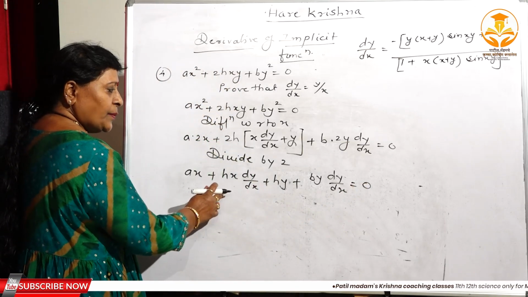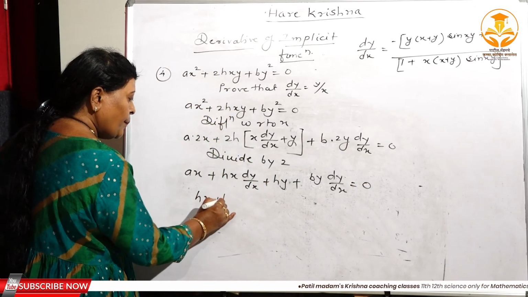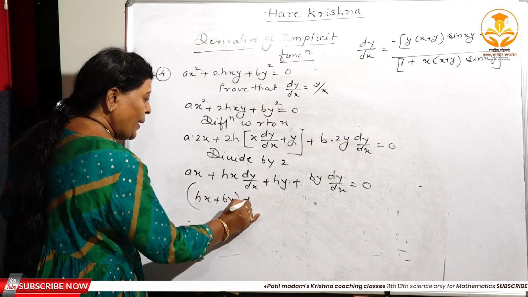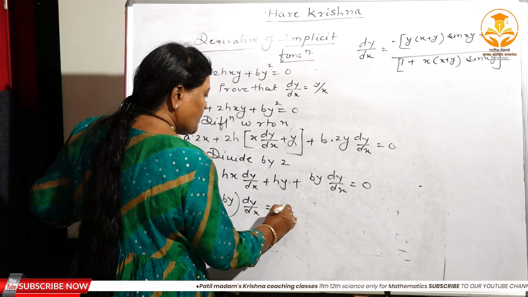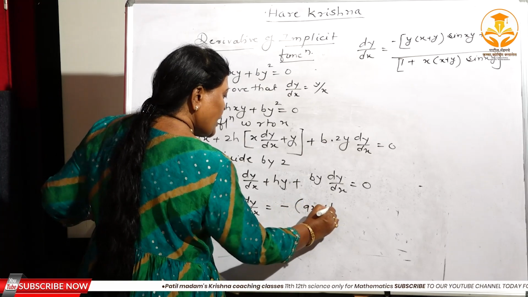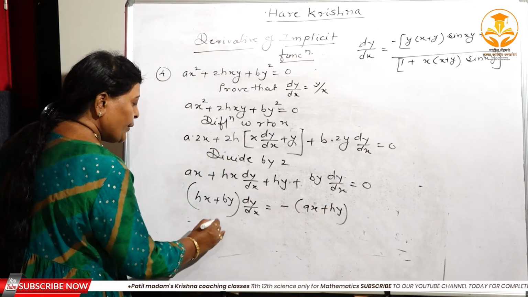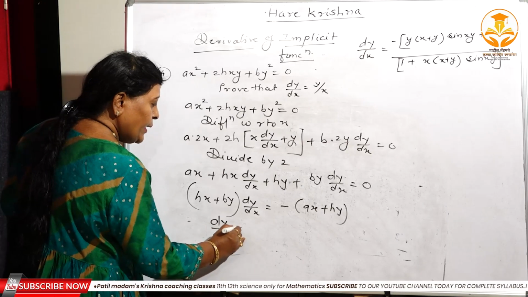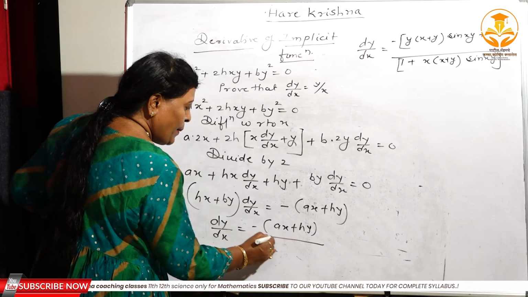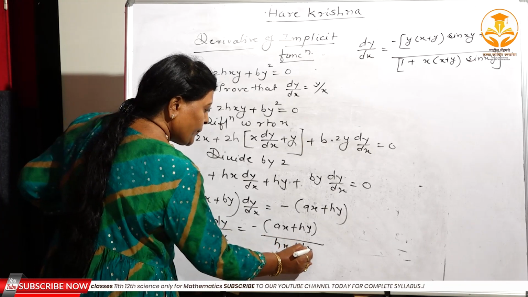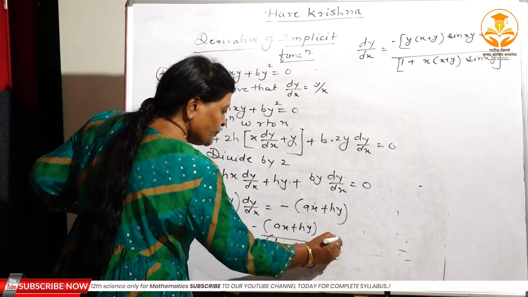Again, collect the terms of dy by dx: hx plus by into dy by dx. These two terms you can transfer here, that is minus, here ax plus hy. Therefore, dy divided by dx is equal to minus ax plus hy divided by hx plus by. This is the result, right?